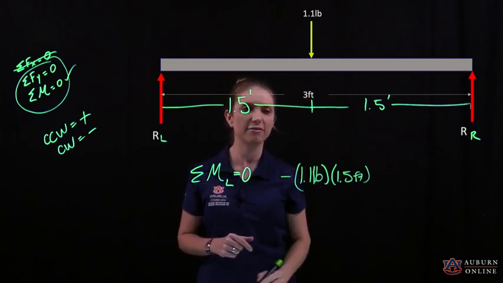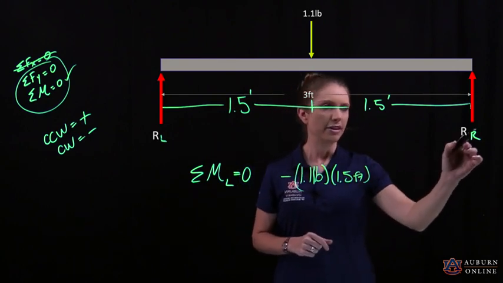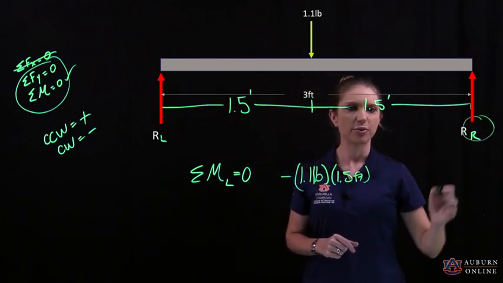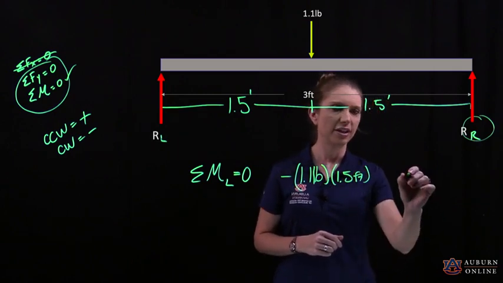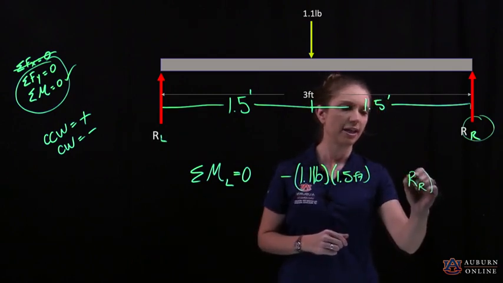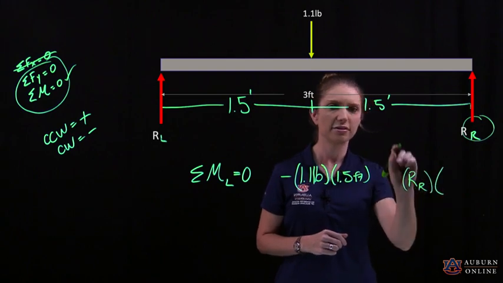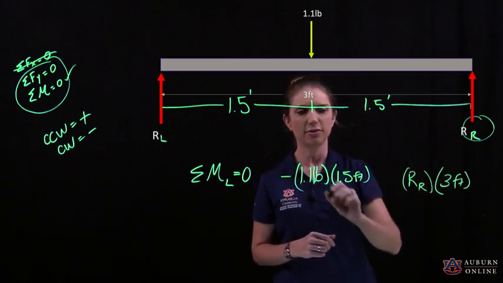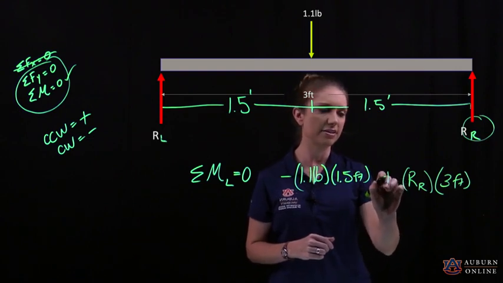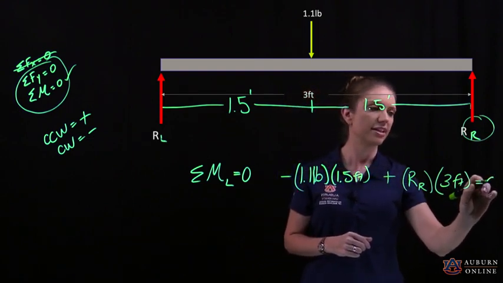So that'll be a negative moment. And then we have to look at this right-hand support. That will also produce a moment about the left-hand side. So we've got the reaction on the right, and we multiply that by the distance here of 3 feet. That's going to be a counterclockwise moment, so that will be positive. And we'll set that equal to 0.